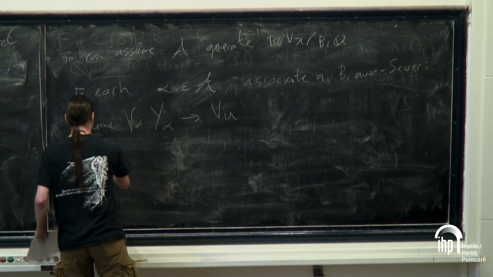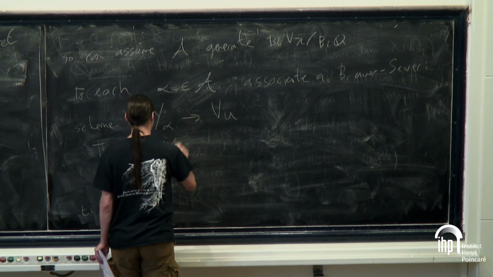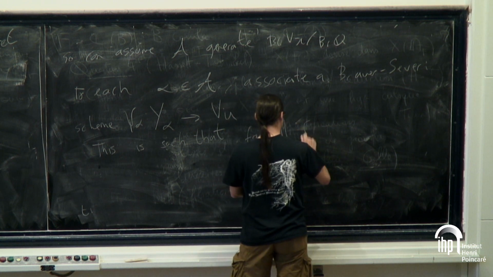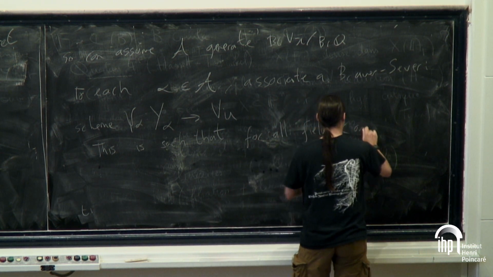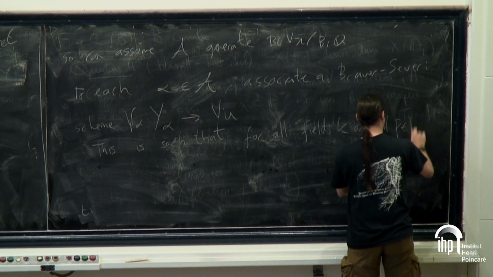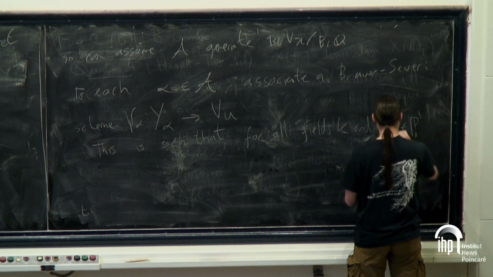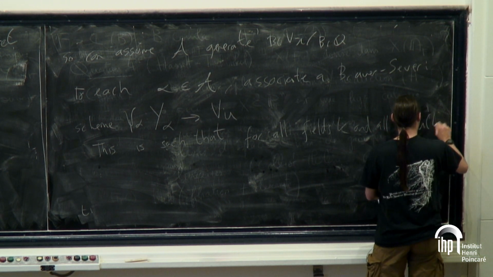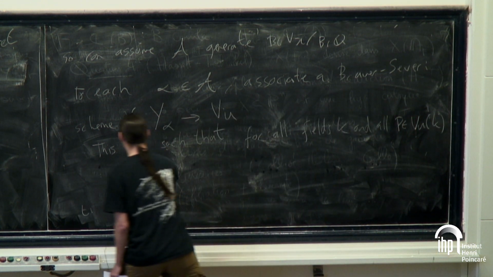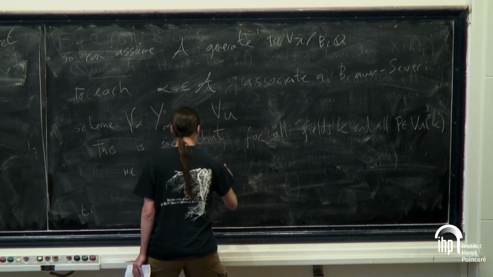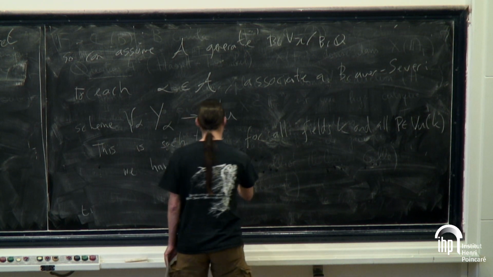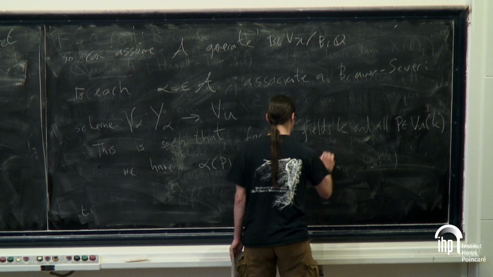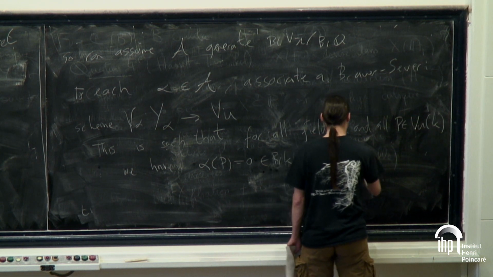And what properties does this have? This is such that for all fields K and all points P in U(K), when I evaluate my Brauer group element at P, I get 0 in the Brauer group of the field K if and only if the fiber over this point P has a rational point.